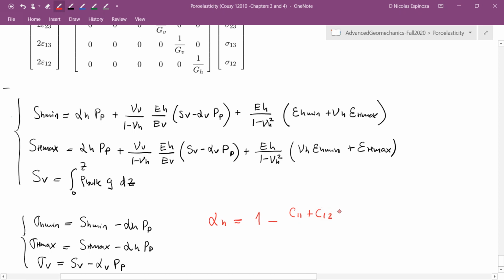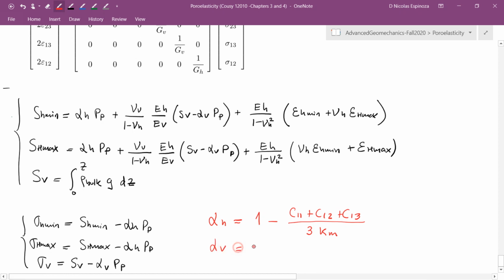And if you derive these equations, you will find that this is the equation for alpha H, where C11, C12, C13 apply to the porous solid, or those are the bulk stiffnesses of the porous solid, and Km is the stiffness bulk modulus of the matrix.